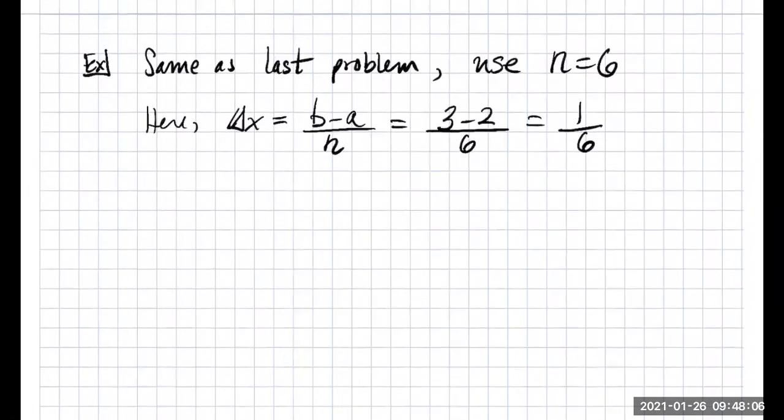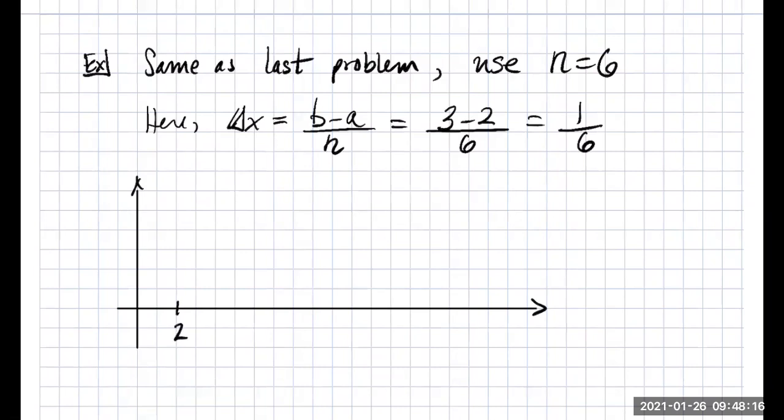Now the hash marks, let's get those. Once again, I'm going to exaggerate like we did before, just so we can see better. All right, so we're going to start at the 2, and we're going to count all the way over to the 3 in increments of 1 over 6.